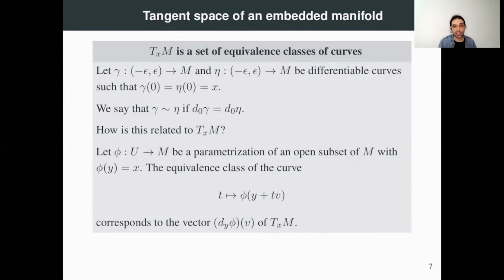So basically the equivalence relation is having the same speed at the point 0. And in this way, we are identifying curves with their speed vectors, and these speed vectors are the vectors in the tangent space. So it's a natural identification.